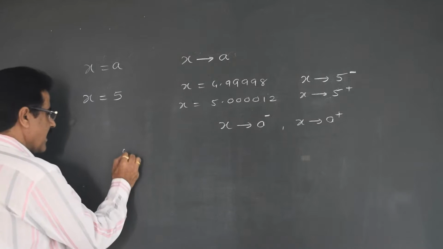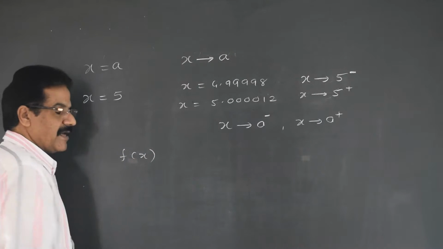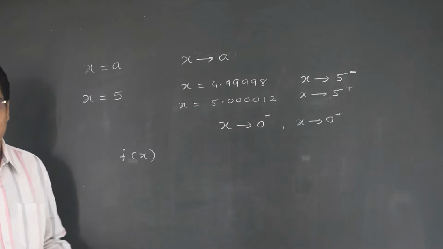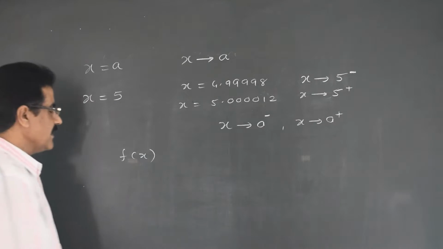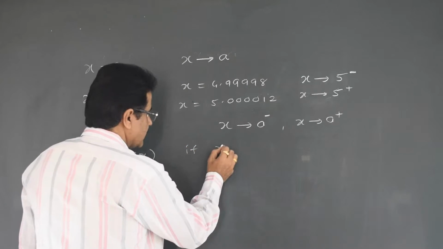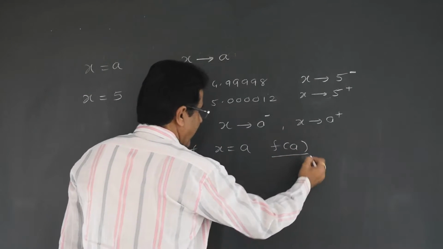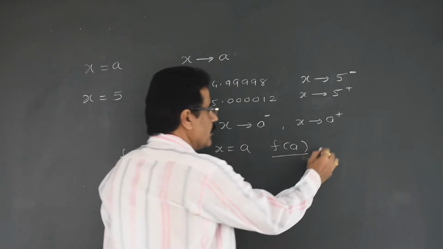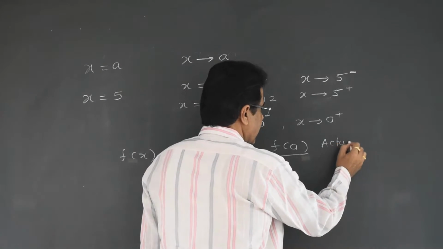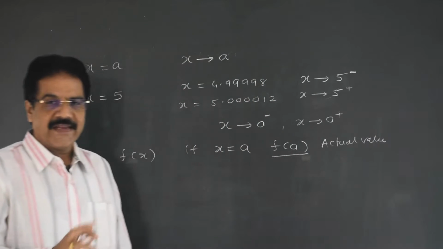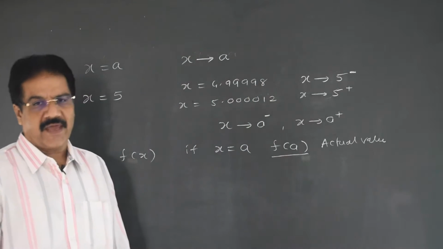Now let us consider any function, for example f of x, and if I want to find out the value of the function at a particular value of x, that is a. So if we say that x equal to a, then here we get f of a as the actual value of the function. So this is the actual value of the function, meaning value of the function when x is exactly equal to a.